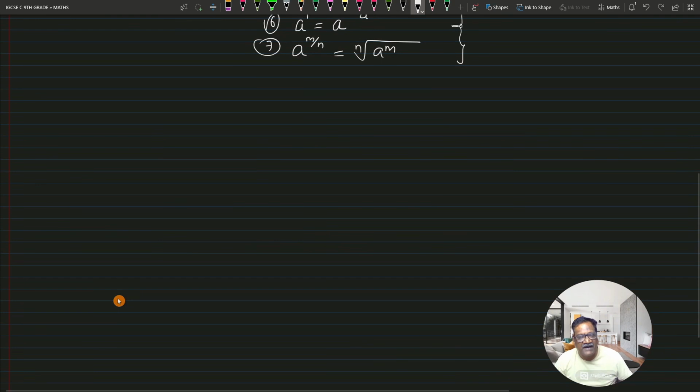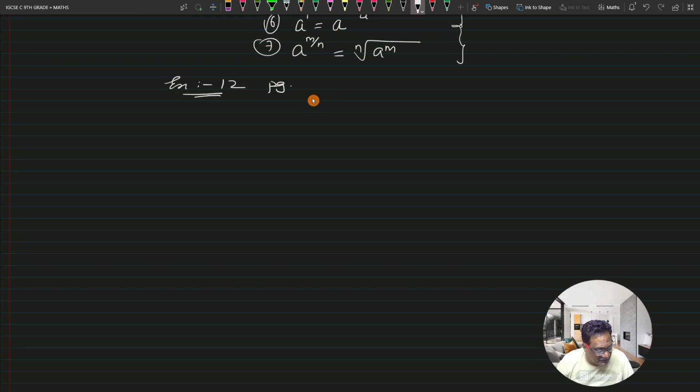As you know, I am using the David Rayner 4th edition. So this is exercise number 12, which is on page number 188 of David Rayner 4th edition.